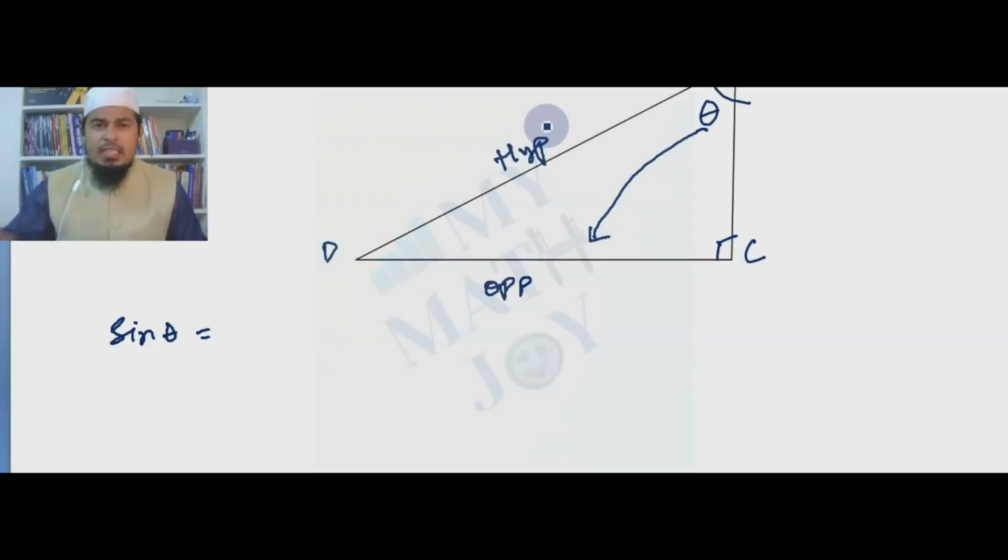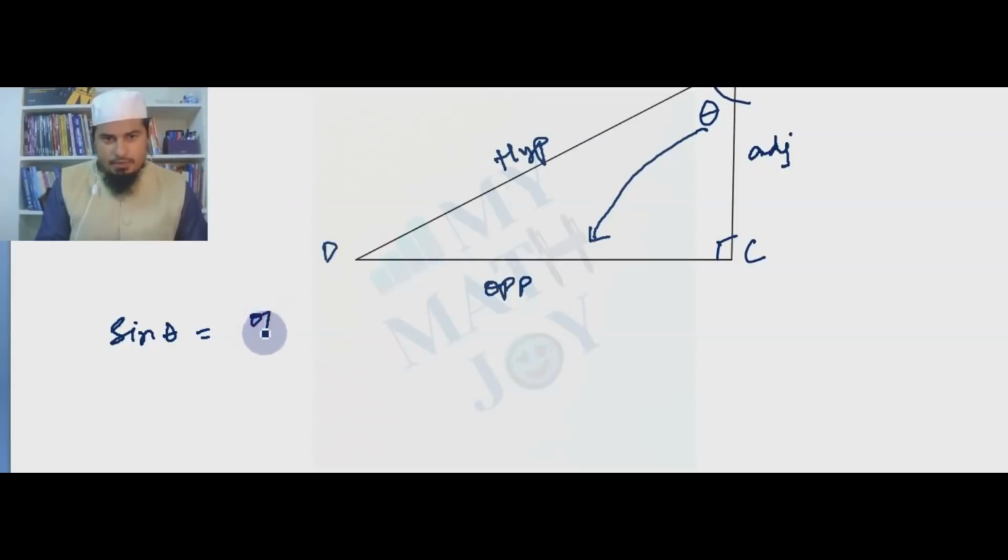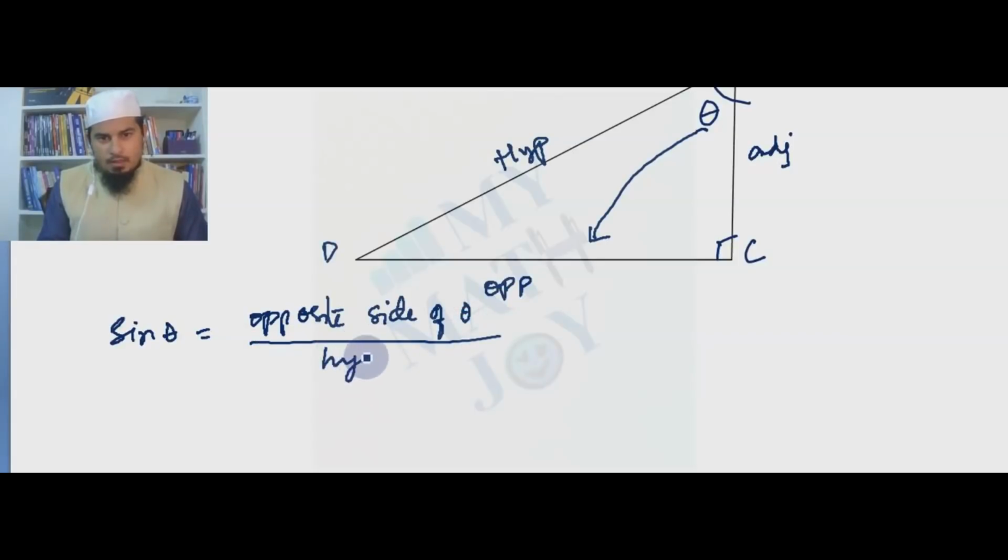So with respect to theta, theta is here, then this side will be opposite, this will be hypotenuse, and this side will be adjacent side. So sine theta will be, according to the definition, opposite side of theta by hypotenuse. Directly I'm taking from the definition: opposite side of theta by hypotenuse.